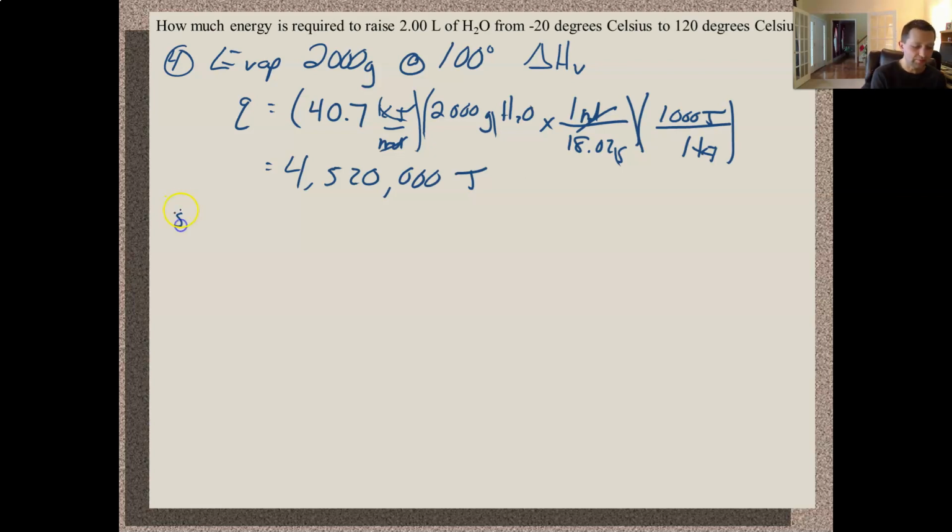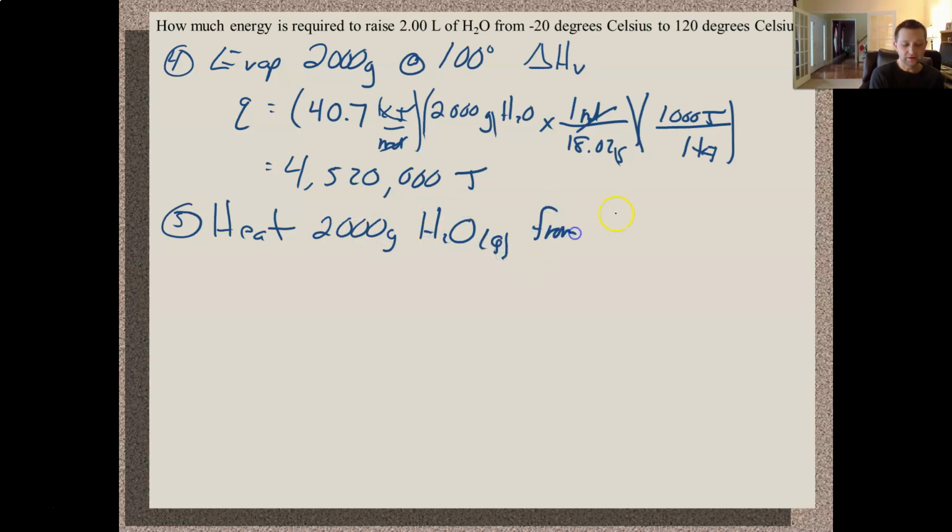Okay, last step. We're at 100 degrees Celsius. We can keep heating that up to 120. So we want to heat 2,000 grams of water. Now we're in the gas state, from 100 degrees all the way up to 120 degrees. So again, when we do something like this, we have a delta T. So we have Q equals MC delta T. Plug everything in.